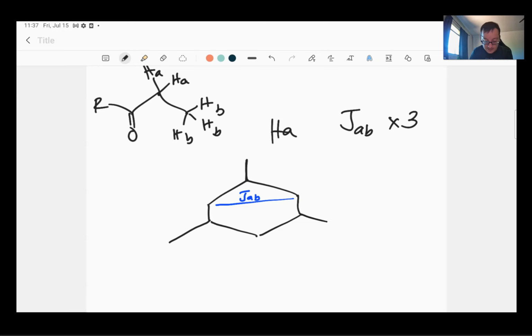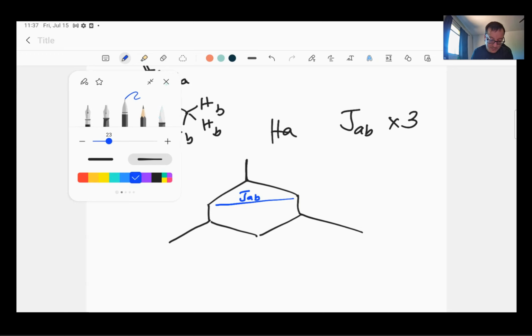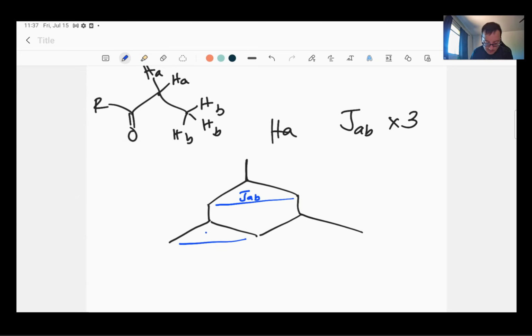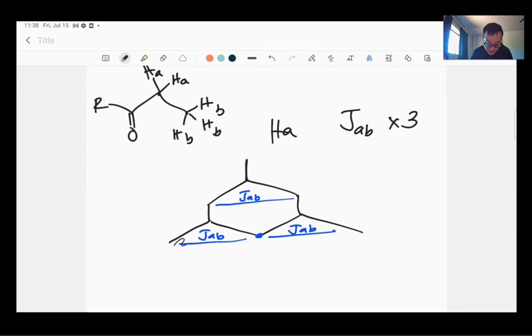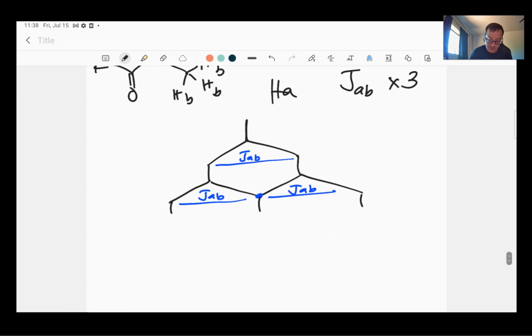And notice that because we already split it in half, and then we split in half again, we do see that there is this overlap. And so we will see that happening. And then we're going to split it one more time, because we have 3 hydrogens, or 3 JABs we need to put in here.